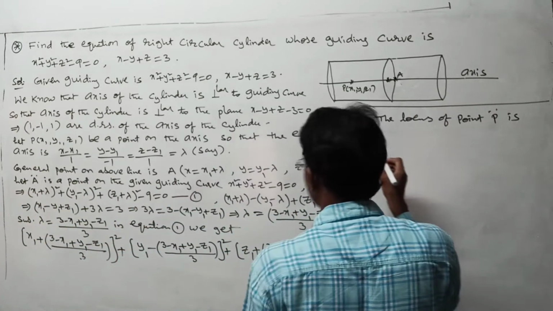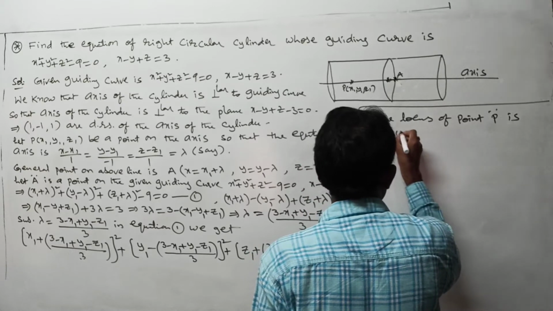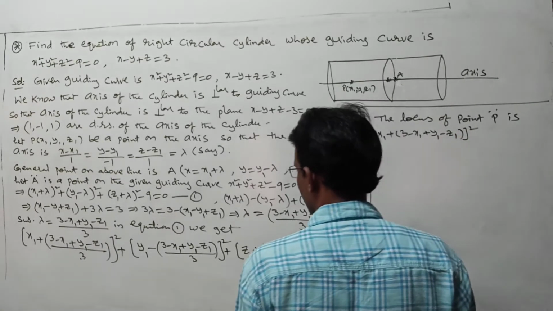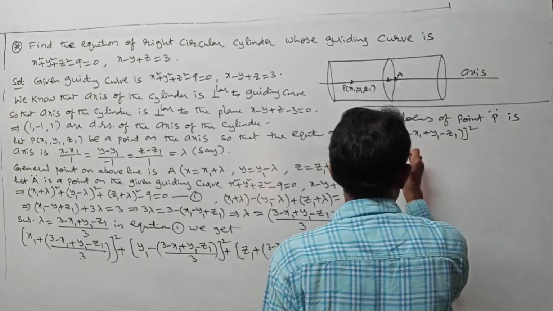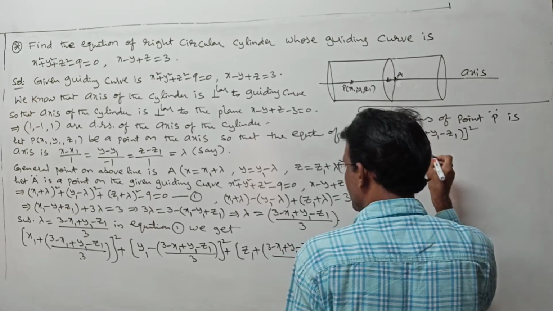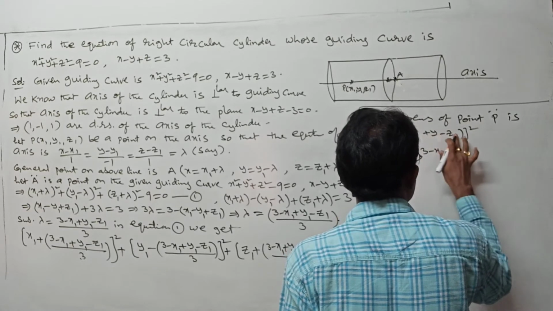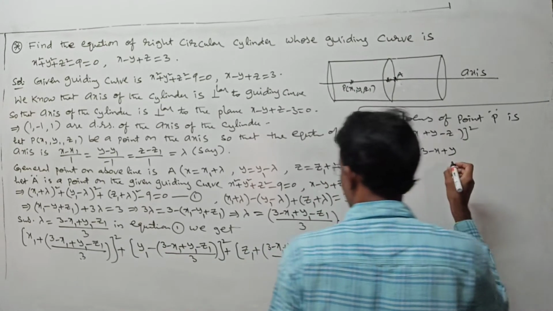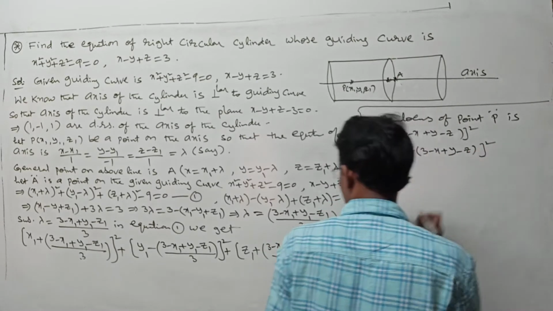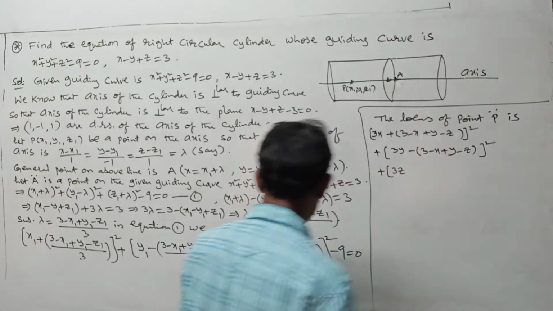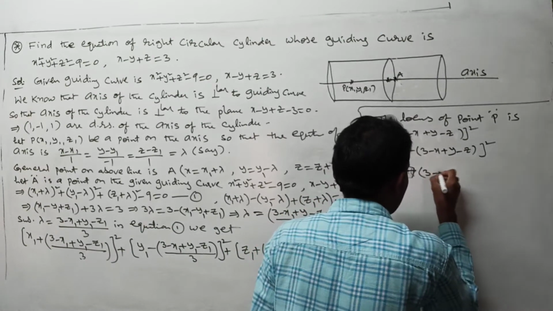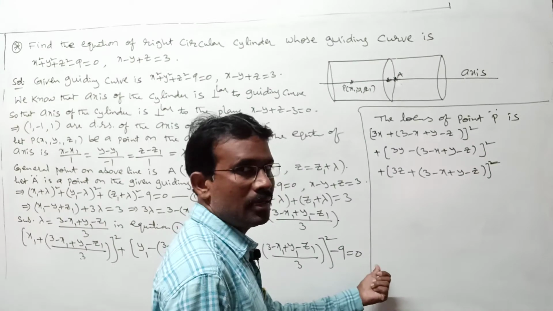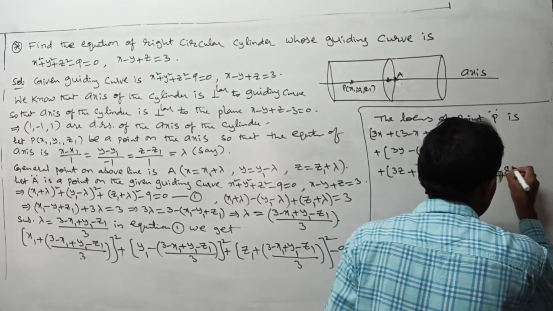Now it is 3x1 plus 3 minus x1 plus y1 minus z1 whole square, plus 3y1 minus of 3 minus x1 y1 z1 whole square. Since we are defining a locus, no need to write x1 y1 z1, you can write x y z: 3y minus of 3 plus minus x plus y minus z whole square, plus 3z plus 3 minus x plus y minus z whole square, minus 81, since we are multiplying with 9, 3 square, is equal to 0.